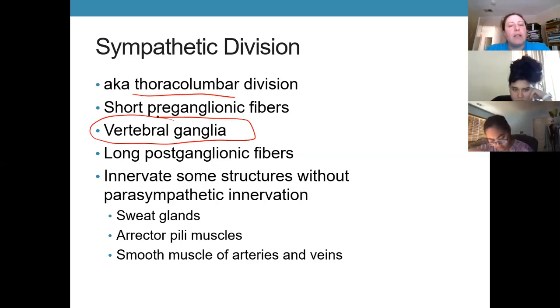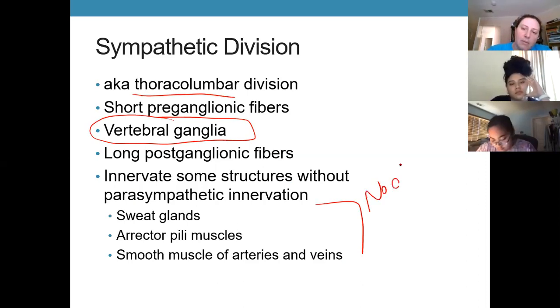And something that's unique about the sympathetic nervous system is that sweat glands, the erector pili muscles of your hairs, and the smooth muscle of arteries and veins are all under sympathetic innervation with no axons from the parasympathetic. So while most things have dual innervation, these are some exceptions to that rule.